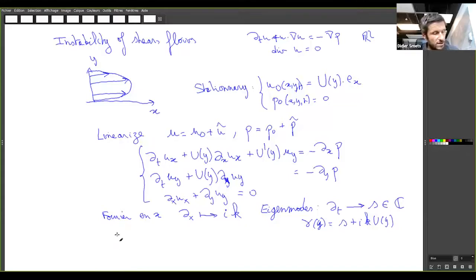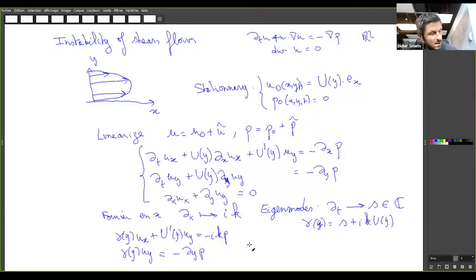And so we get gamma of y times ux plus U prime of y times uy is equal to minus ikp, and gamma of y uy is equal to minus ∂y p.